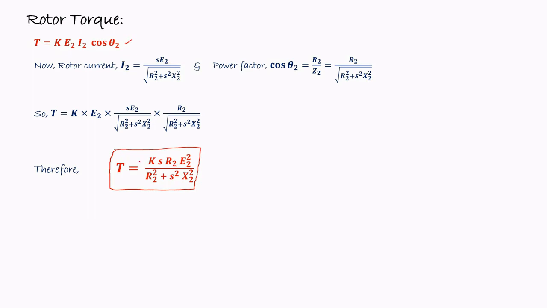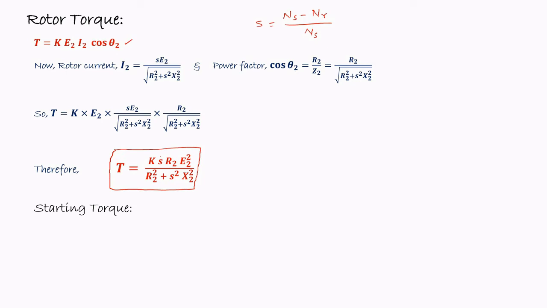So in this torque equation, each and every value is constant except the slip, and slip depends upon the speed of the rotor, because we already know that slip is equal to Ns minus Nr upon Ns. So the slip value depends upon the speed of the rotor. Therefore, the torque also depends upon the speed of the rotor.